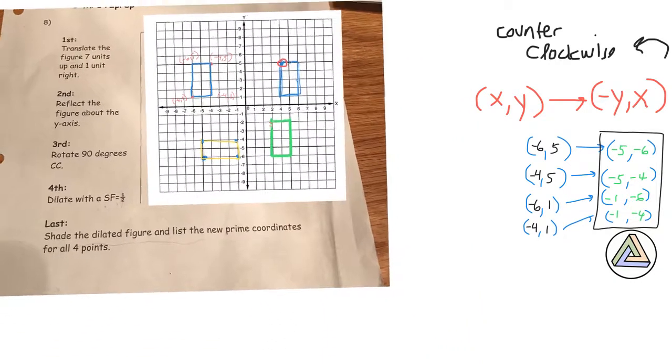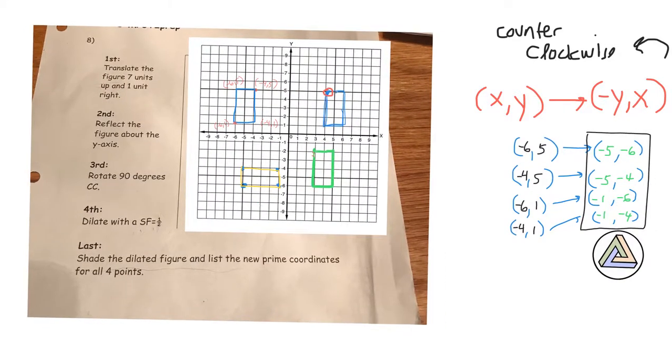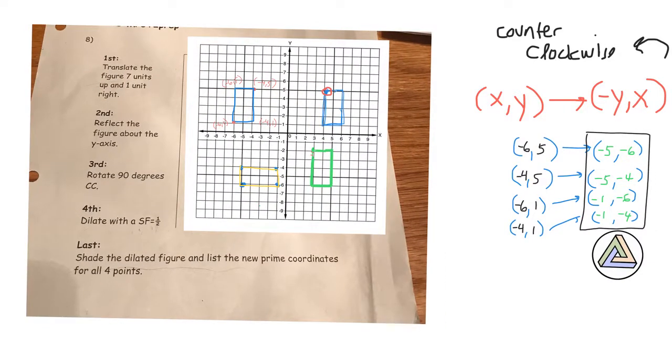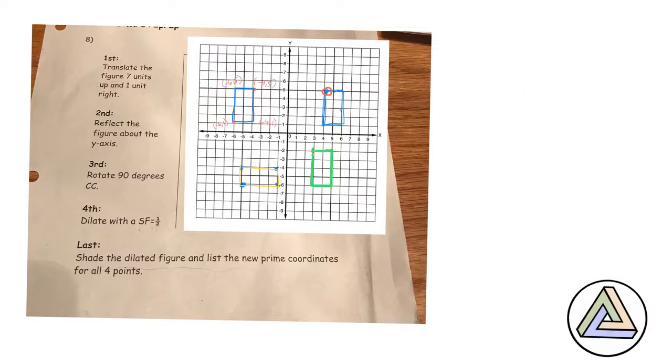Now, let's get clear on how we can navigate the scale factor. When it comes to a scale factor and dilation, I think it's very helpful to take a similar approach to the one we just did.